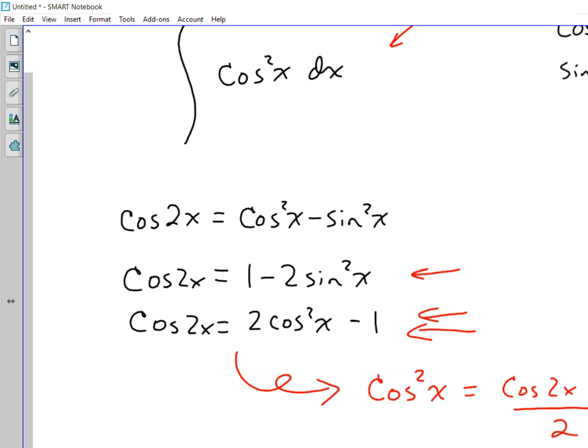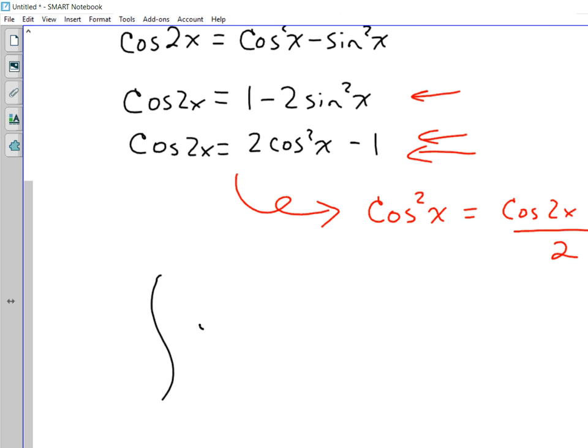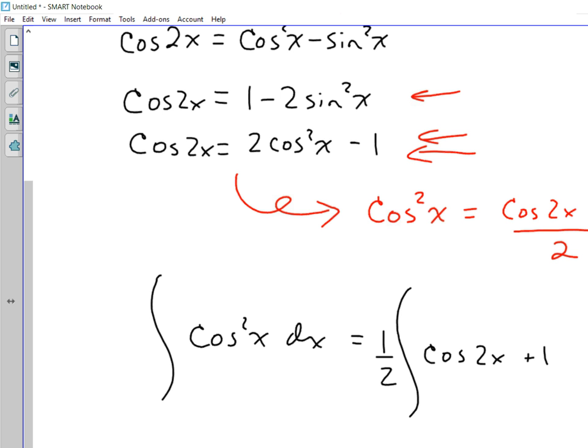Okay? So let's go back to the actual original problem and try and solve it. So we had the integral of cosine squared of x dx. That's the same now as, we're going to pull that 1/2 out. And now, first of all, it breaks up into two integrals, one of which is just 1, and when it integrates, it becomes x.